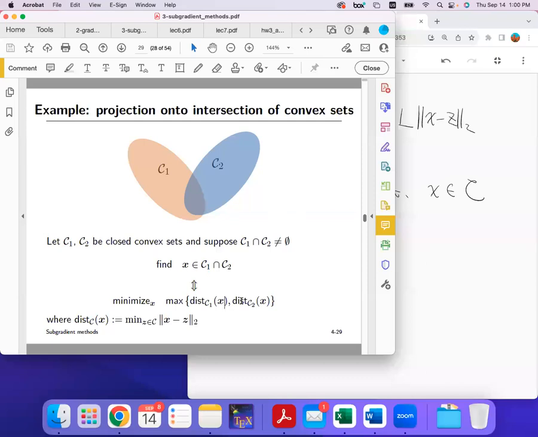So x is in the intersection. Well, the distance is simply defined in this natural way. Okay, distance between a point and a set. So we fix this x and we look for all the points z in the set, and the one that has the minimum distance to that point.